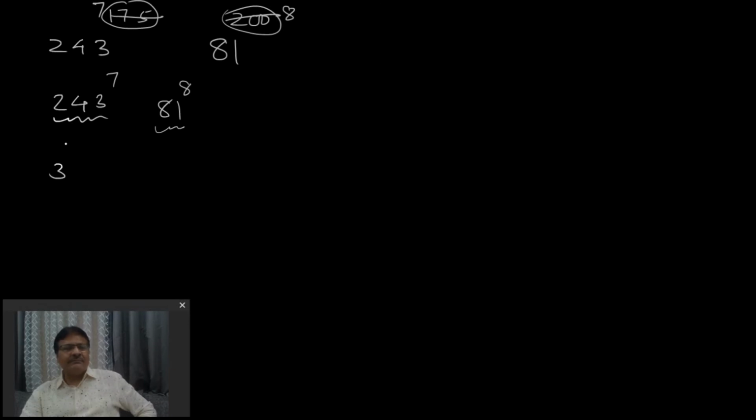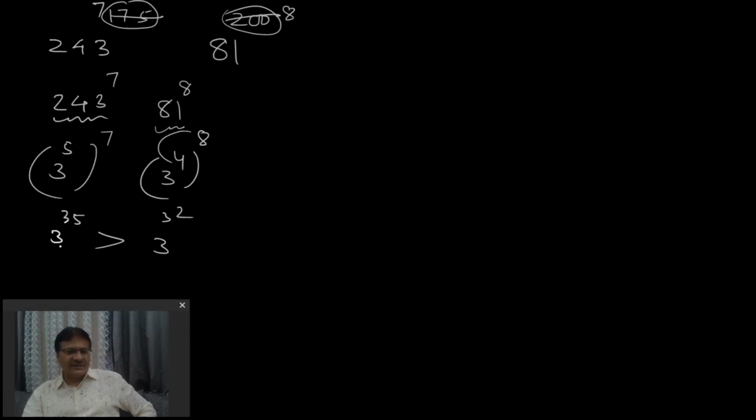This is 3 power 5. 3 power 4 is 81, 3 power 5 is 243, power 7; this is 3 power 4, 81, power 8. Now it is 3 power 7 5s are 35 and 3 power 8 4s are 32. Which one is bigger? This one. So that's why in my original question 243 power 175 is bigger. Is that clear?